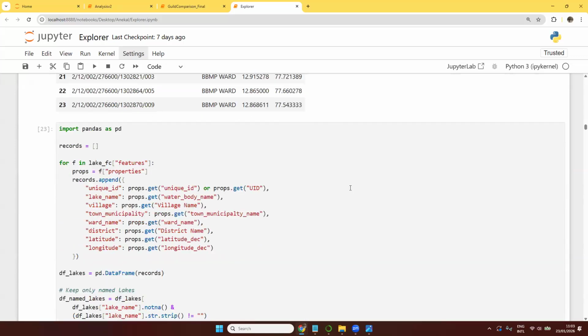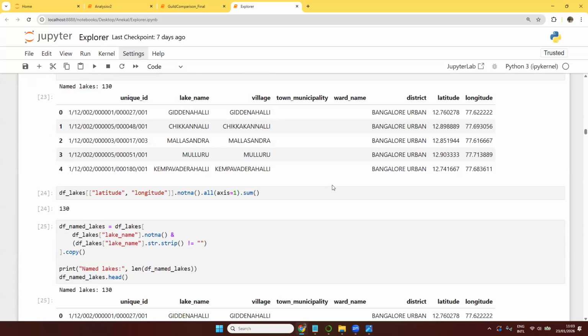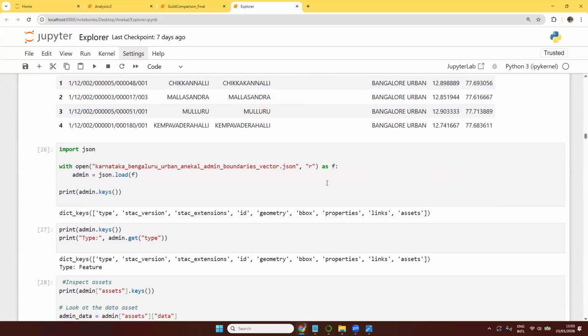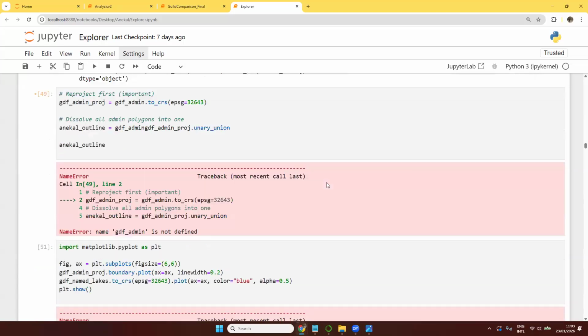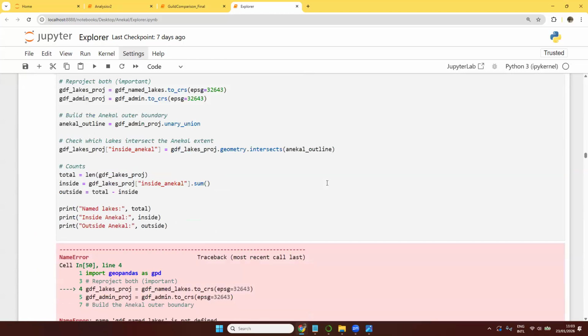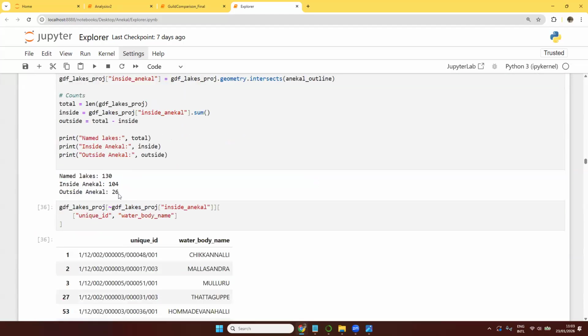So I just played around a bit. This is a lot of trial and error, and I eventually came to around 104 lakes inside Anekal and around 26 outside Anekal. So I think the analysis will then be focused on these lakes which are inside Anekal.